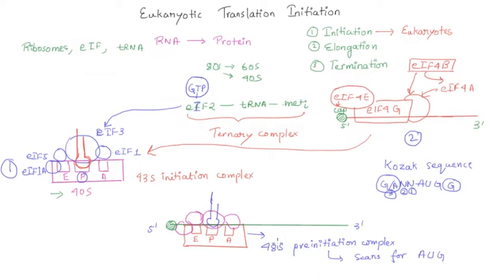So, the 48S pre-initiation complex recognizes the Kozak sequence and the tRNA, which was present over here, the tRNA which is present at the supposedly P site of the small subunit of the ribosome, binds strongly with the AUG.